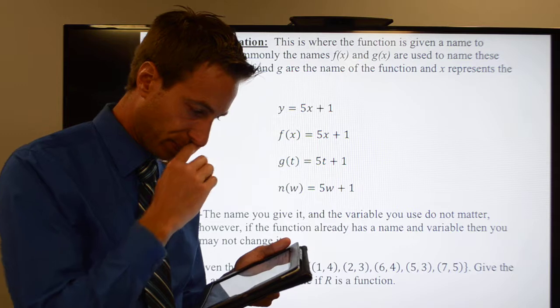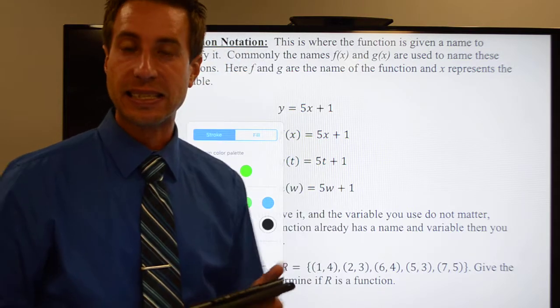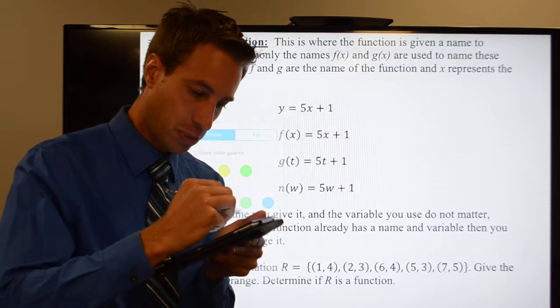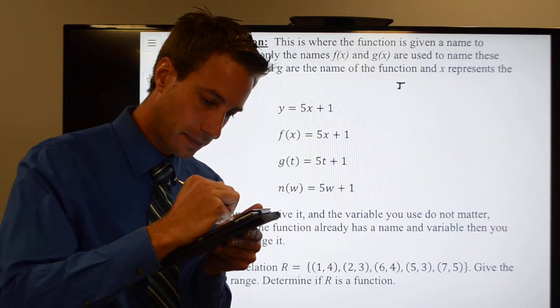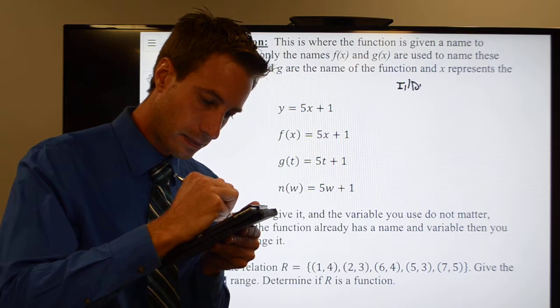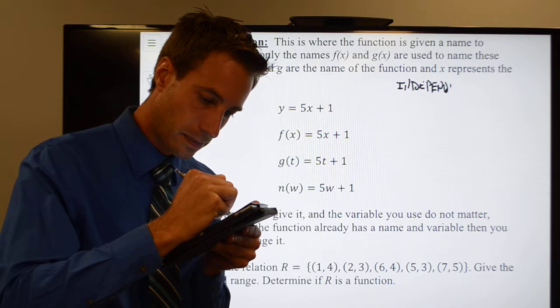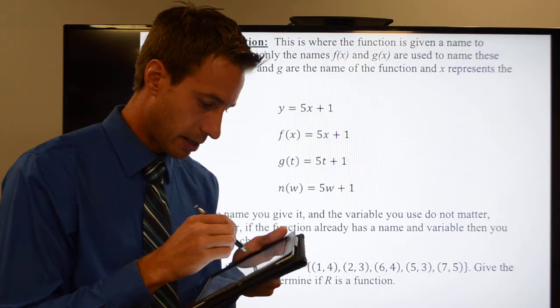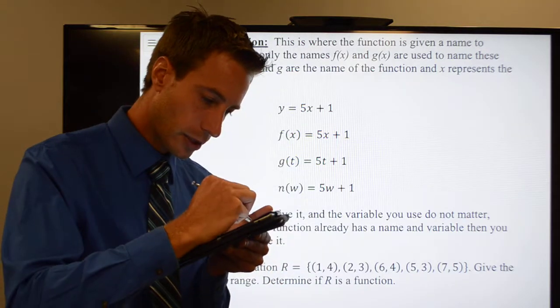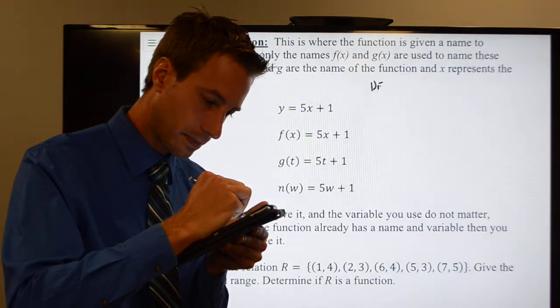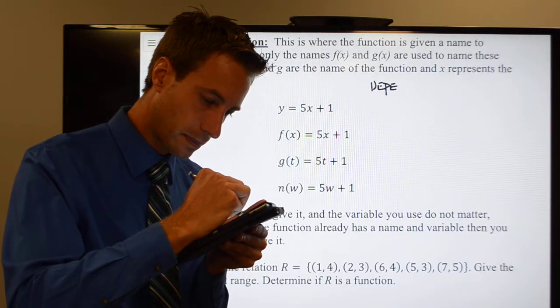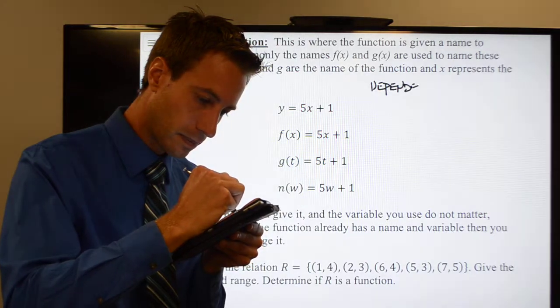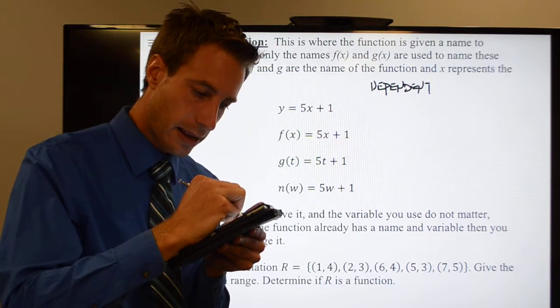Well, remember this. We have a dependent and an independent variable. Actually, let me switch them. I want dependent first, then independent. I'm sorry. So this will be the dependent, and then independent.